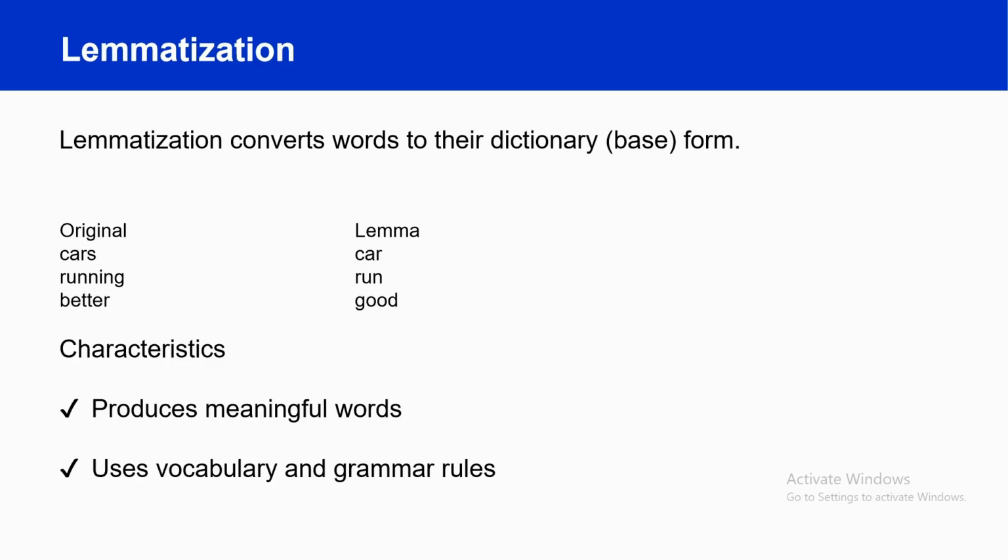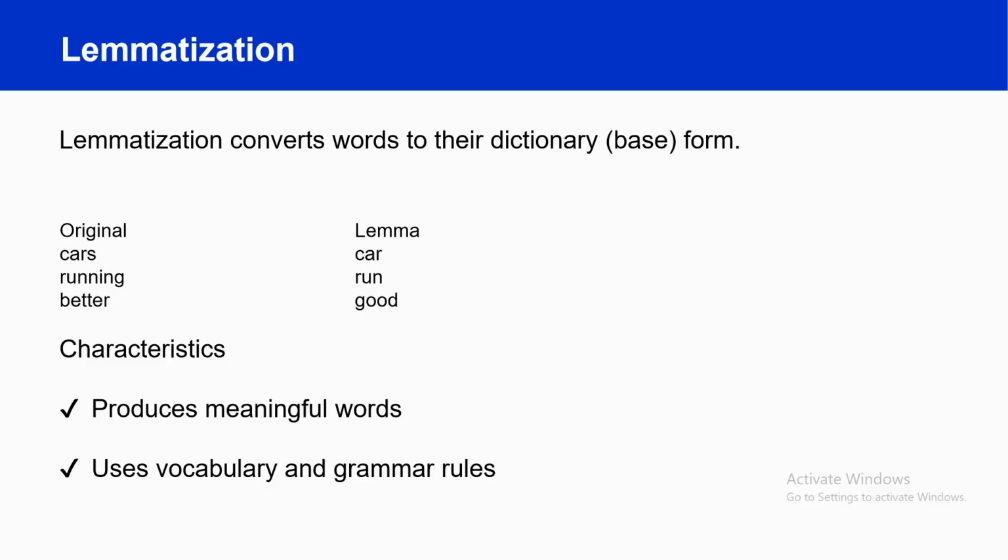The next pre-processing technique is lemmatization. Lemmatization is more advanced than stemming. Instead of simply removing prefixes or suffixes, it converts a word into its dictionary form, also called the lemma. So consider this example. Here cars becomes car, running is converted to run, and better becomes good. Notice that all these outputs are meaningful English words.